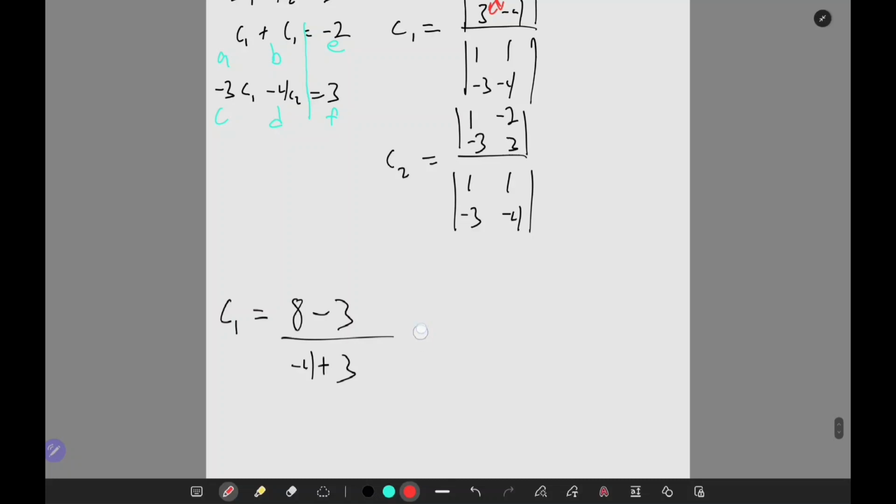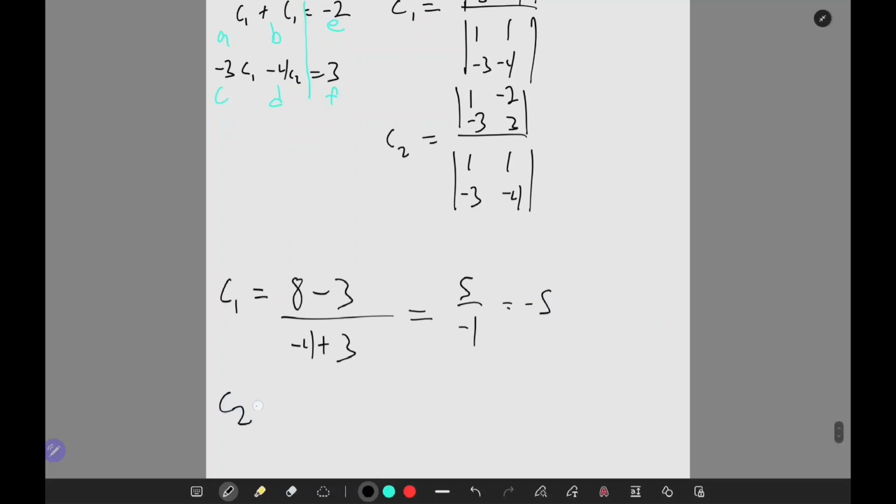So then that gives us 5 over -1, right? Yep, I have in my notes I made an error there, but yeah, this is correct here. So this would be -5.